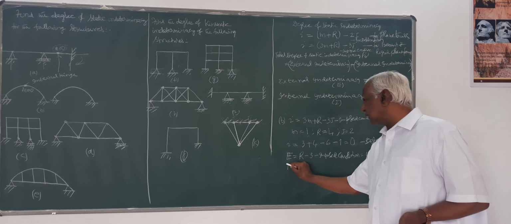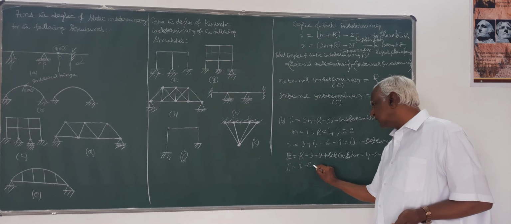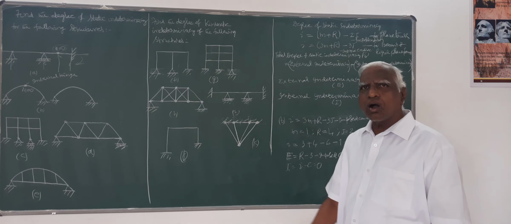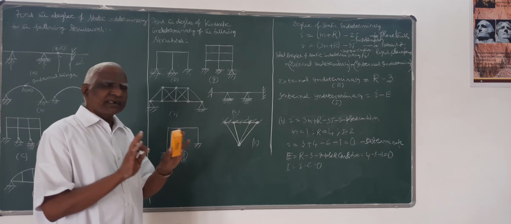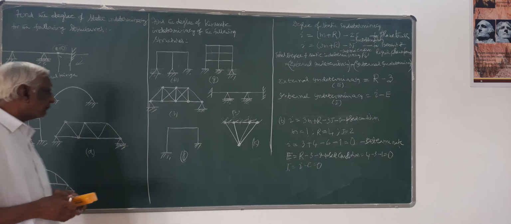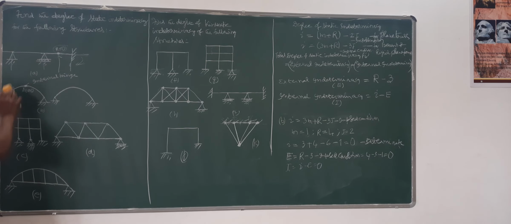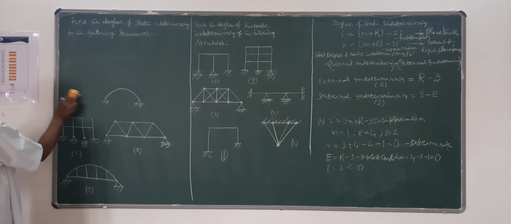And of course internal indeterminacy is I minus E, that is also 0. All indeterminacies are 0. The structure is a determinate structure. It is not indeterminate. So that is about this. So the first one is over, the second is over.